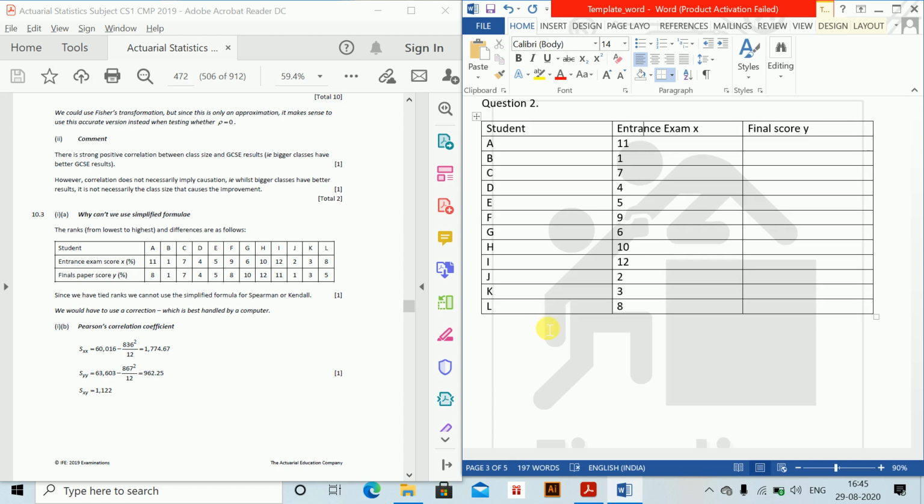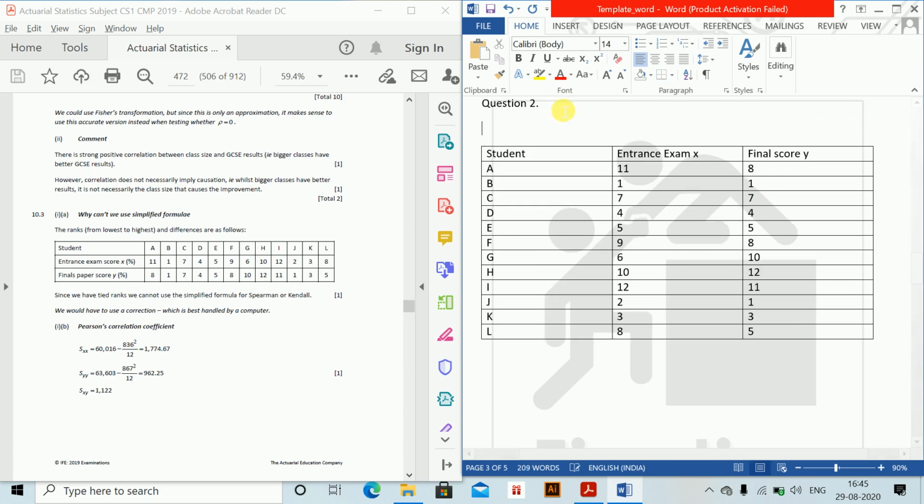And similarly for your final score Y, we have 8, 1, 7, 4, 5, 8, 10, 12, 11, 1, 3 and 5. So these are the ranks from lowest to highest.